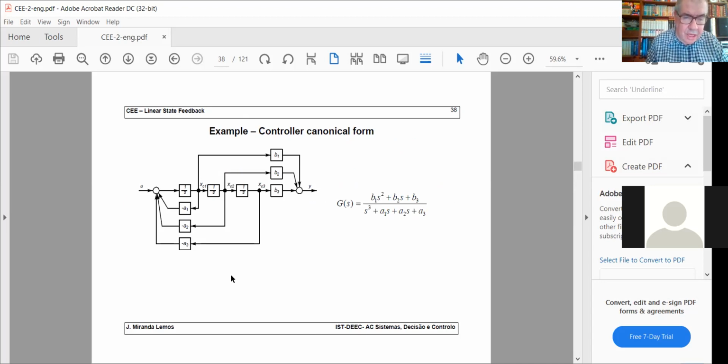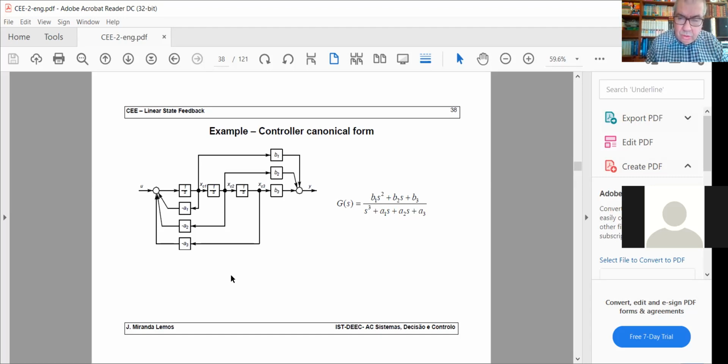If you have a state realization, then you can do a change of coordinates such that some problem becomes easier to solve. For instance, suppose that you want to solve the state feedback problem. And the state feedback problem, as we are going to see, is find the gains of the state feedback such that the closed loop poles are in desired positions.